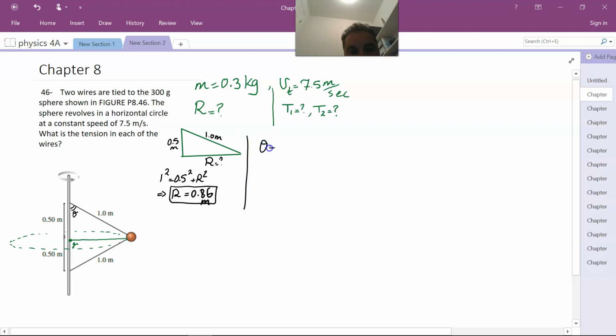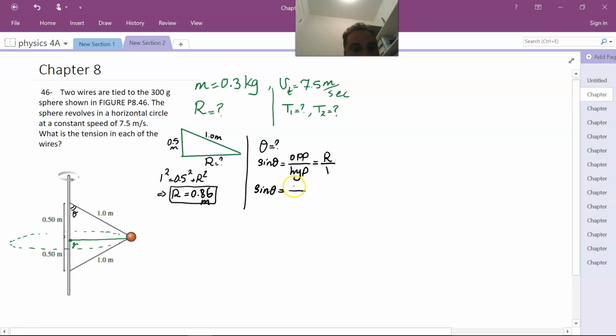So if I find the angle, can I say sine theta is opposite? Or sine is not going to help me? Yeah, that's okay. Sine is opposite divided by hypotenuse. So sine theta will be opposite, which is r, correct? Hypotenuse is 1.